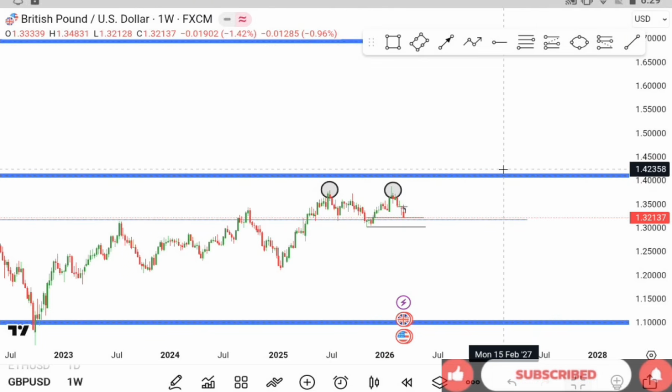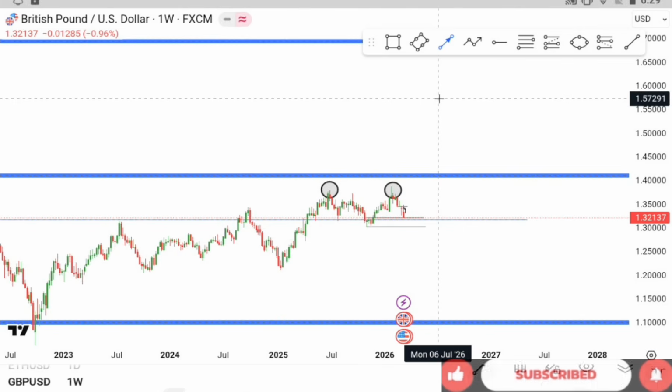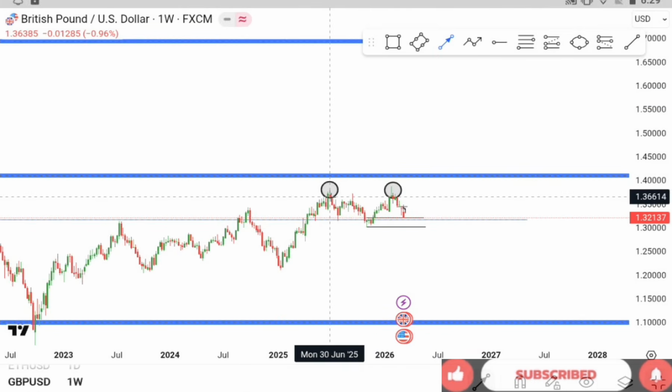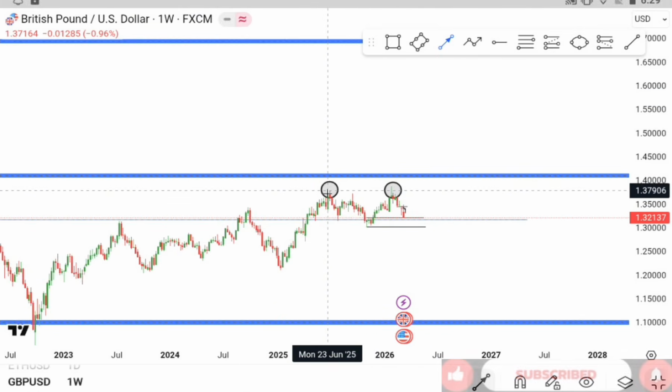When you see GBPUSD in this weekly time frame, we can also see the sweep of liquidity that we saw on the monthly time frame. If you can see, this is a very clean sweep of liquidity that really formed here.